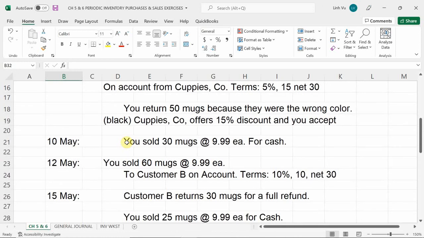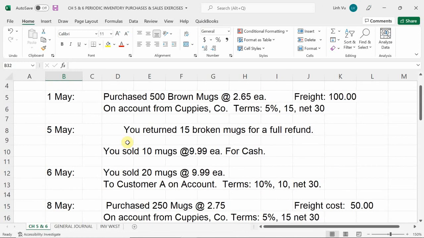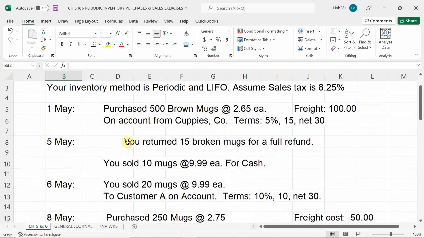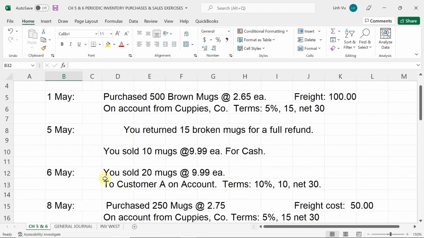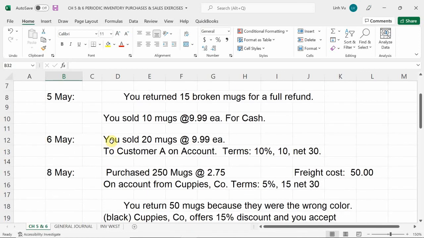When did we sell to customer A? Okay. May 6th, right? You sold to customer A. All right. So that means we have our totals amount there. Now, what else did we give customer A?